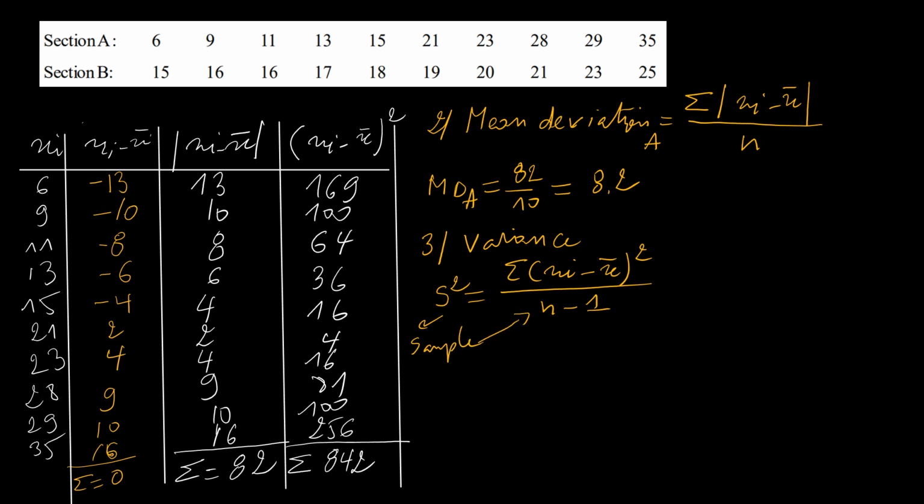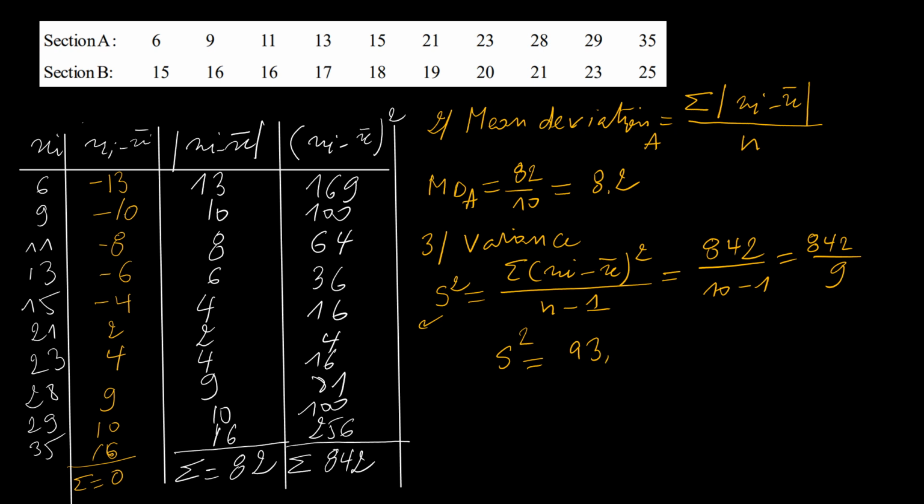For that reason we divide by n minus 1. And here it equals 842 divided by 10 minus 1, 842 divided by 9. So here the variance equals 93.55. This is the variance, or the third measure of dispersion.